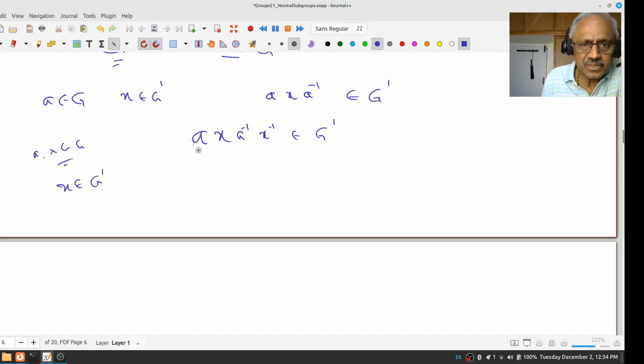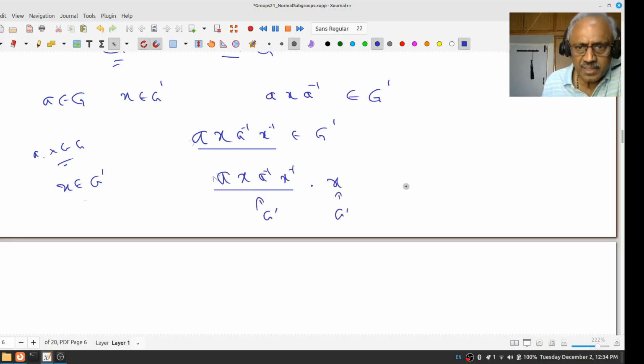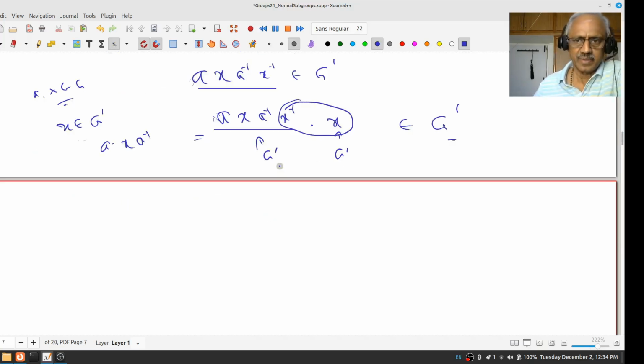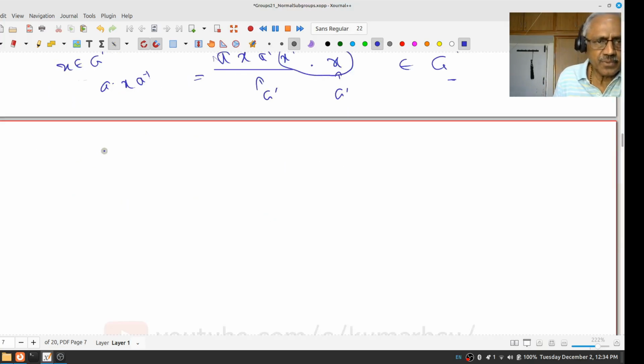Right? So this element is in G dash and X is in G dash. So therefore, let me take this element A, X, A inverse, X inverse. This is an element in G dash and then multiply by X, that is also in G dash, and G dash is a subgroup, therefore this has to be in G dash. But this element is what? This is A, X, A inverse, because these two get cancelled. Right? Therefore, G dash is normal in G.